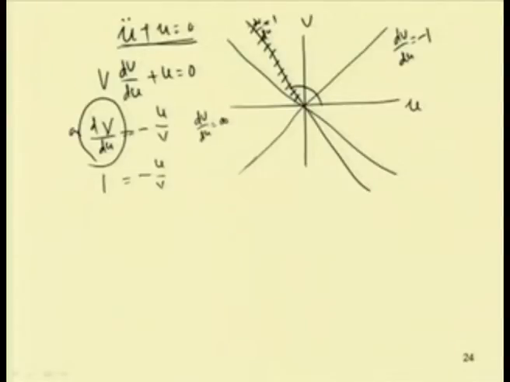Similarly, for this line, as dv by du equal to infinity, it will come in a straight way. So, this way one can fill this curve with equidistant spaced lines with the slope taken here.